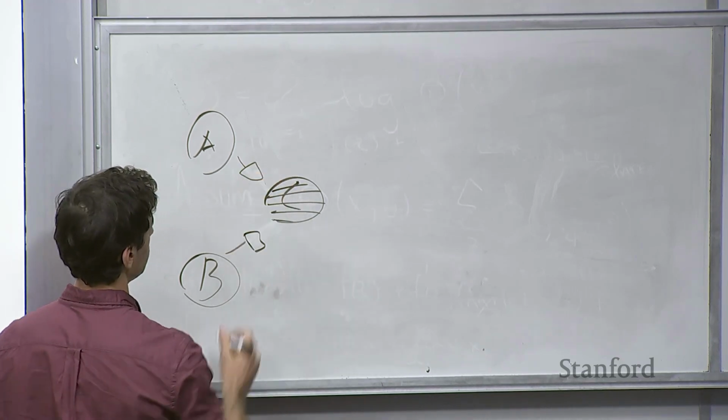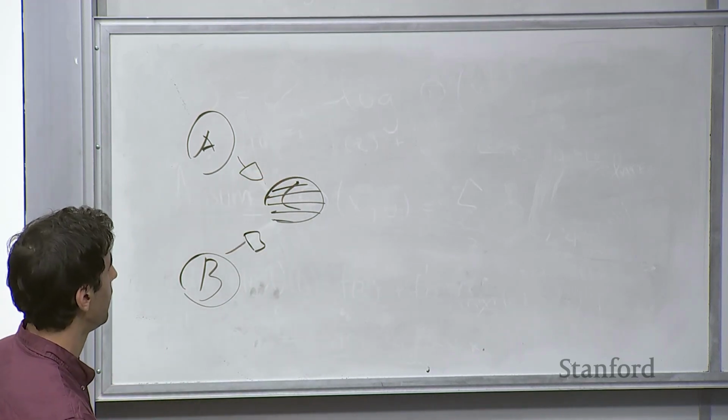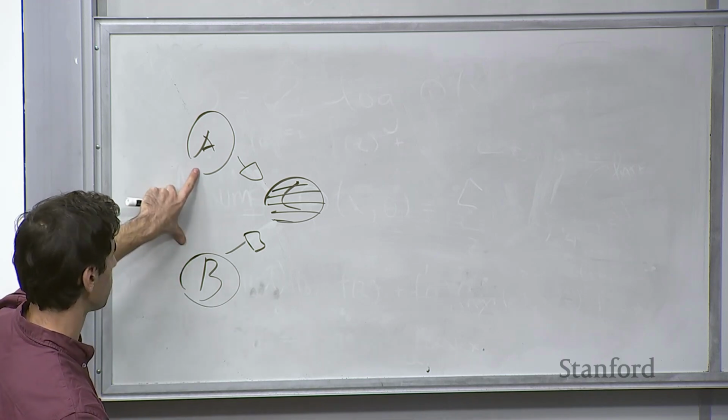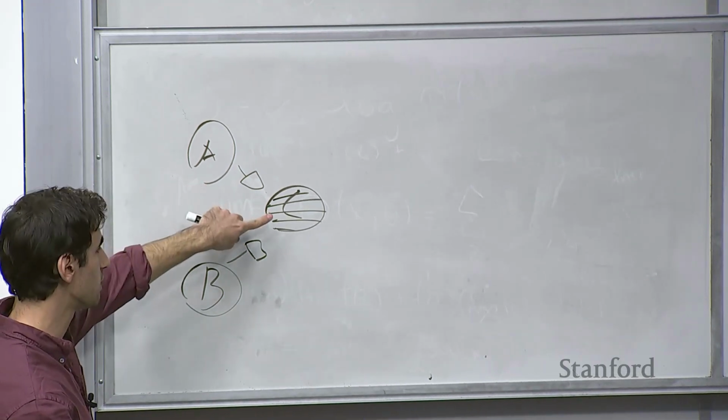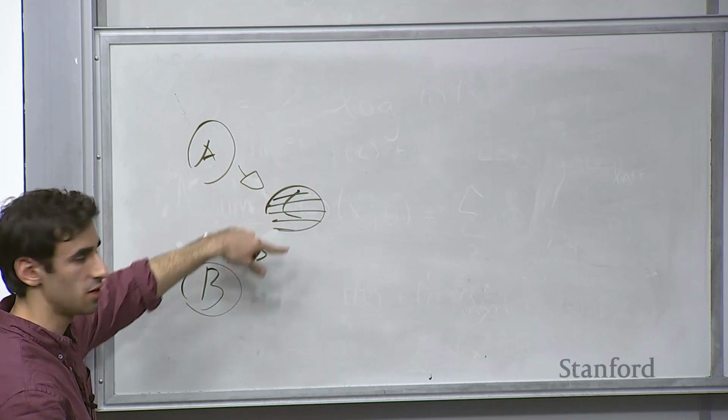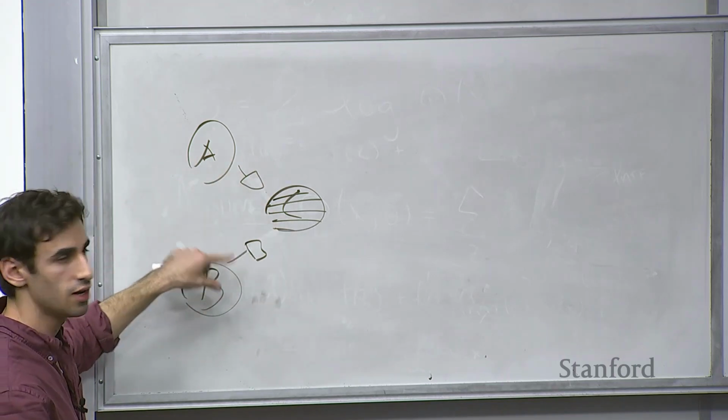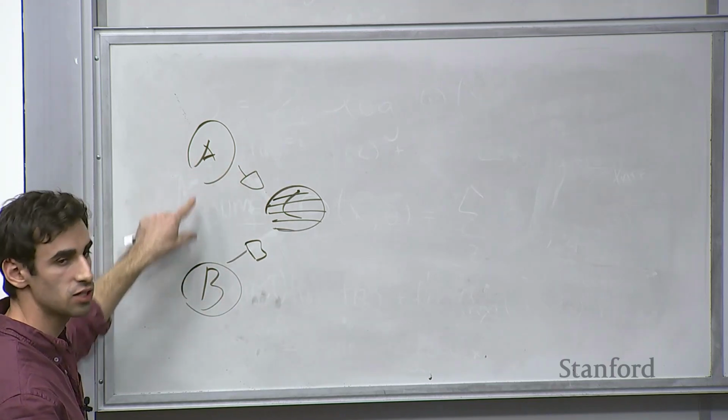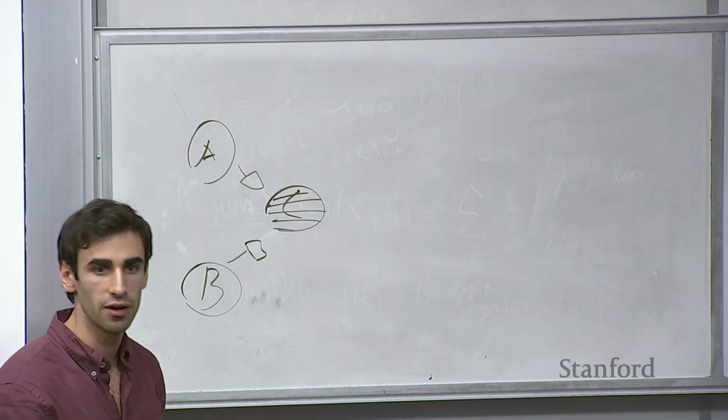And so these are now independent. They used to not be independent because they could access each other through C. But now there's no edge connecting them, and there's no way to reach each other.